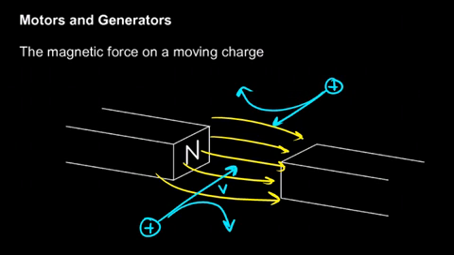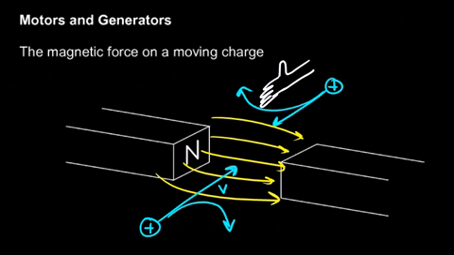Your right hand is pointed in the direction of the motion, such that the fingers can naturally bend into the direction of the field. In that case, your thumb then naturally points in the direction of the force that particle will experience as it moves across the field. So it's this right hand rule again that gives us the direction.